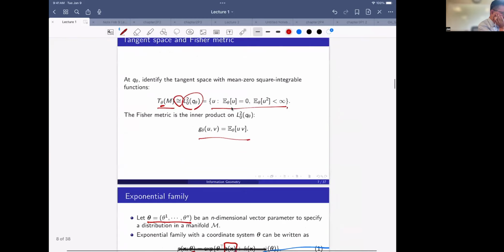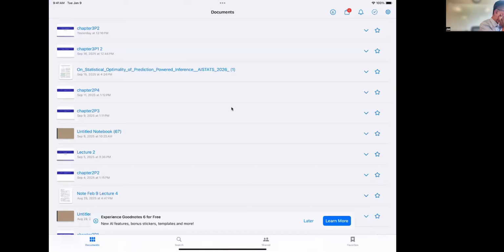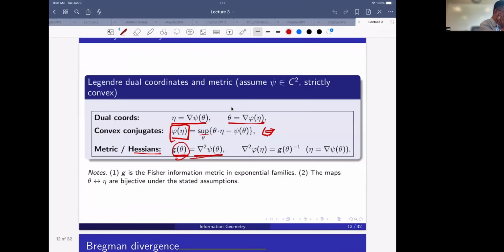But this is for the exponential family, and for our case we do not necessarily have an exponential family. So then this is indeed the definition of a metric.